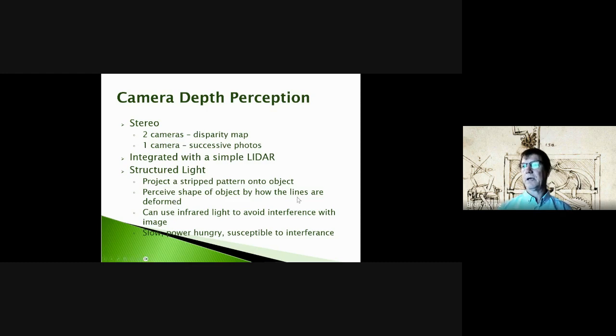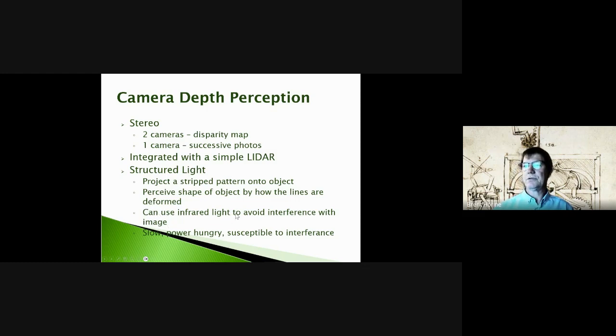They're deformed, and you can perceive the shape of that object by analyzing how those lines of this structured light striped pattern are coming back to you, right? And how they're deformed. How easy is that to do? Maybe not super practical in an autonomous vehicle, but it's used in some industrial applications.